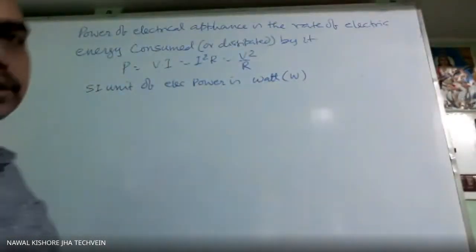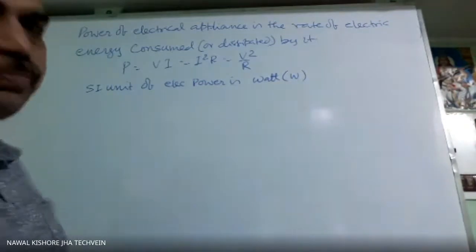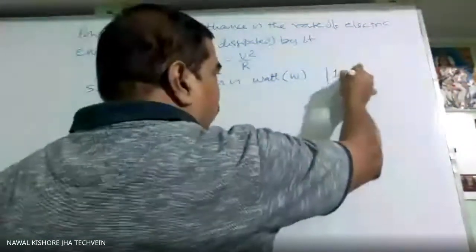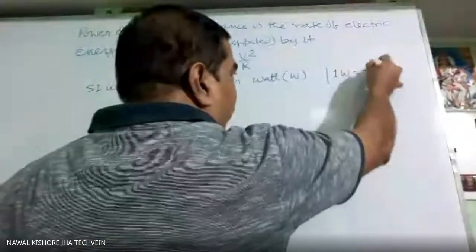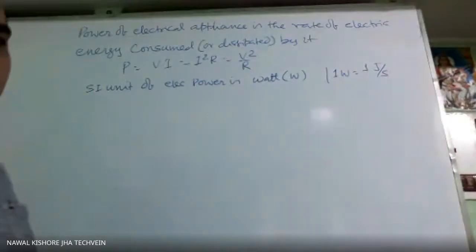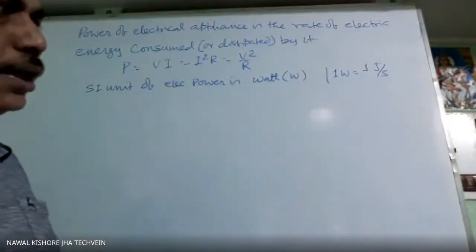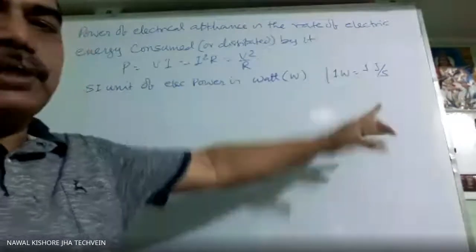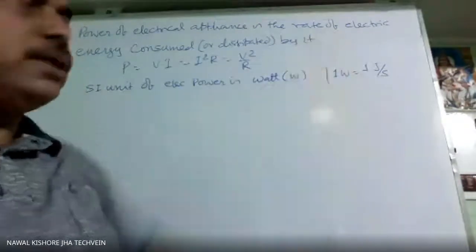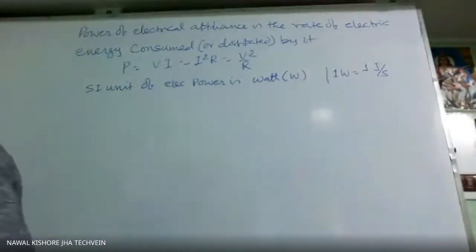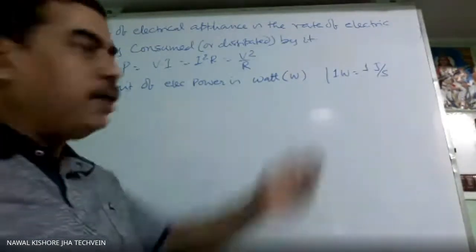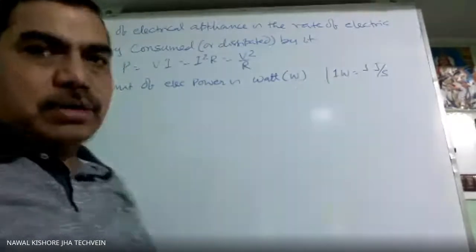One watt means 1 joule per second. So if any electrical appliance consumes 1 joule energy per second, its power is said to be 1 watt. If appliance consumes 100 joule energy per second, power will be 100 watt.